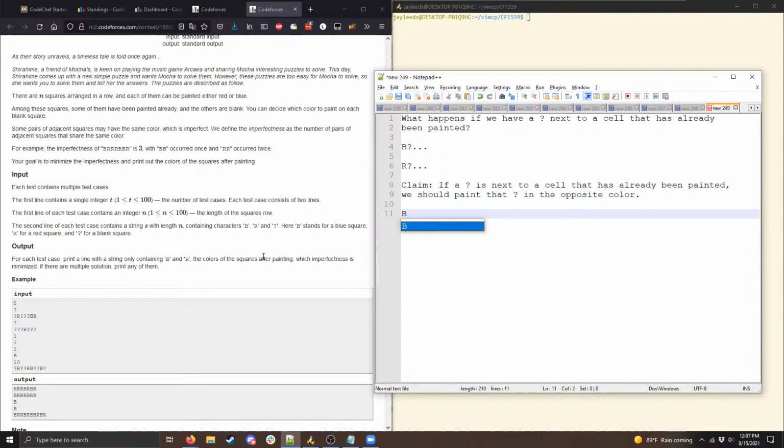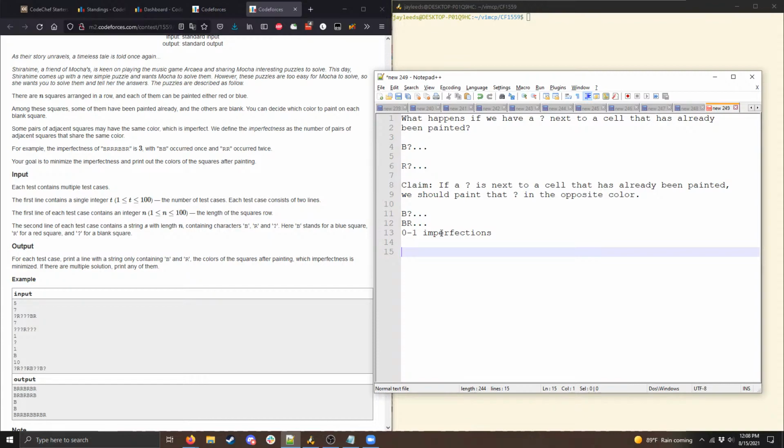And the proof of this is pretty simple. The idea is that, let's say we have B question mark. If we take BR, then that's going to cost us 0 imperfections. And it's possible that R is going to end up being the same as our next element over here. But even then, that's only going to add at most 1 imperfection. So in this case, this question mark contributes 0, or at most 1 imperfection.